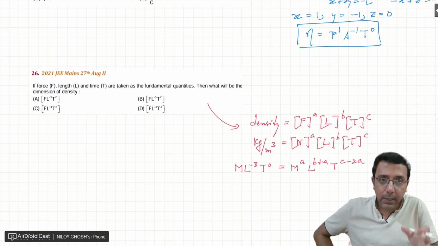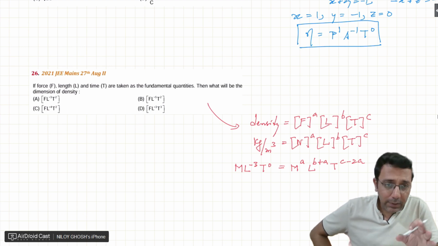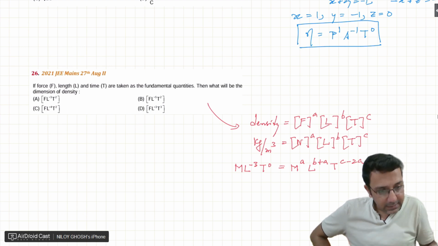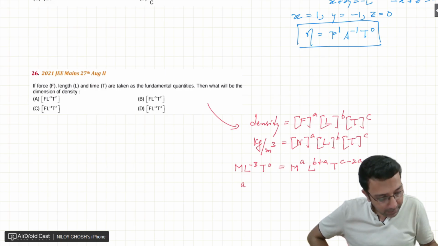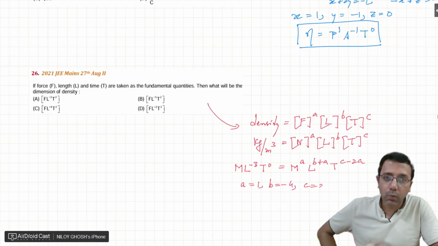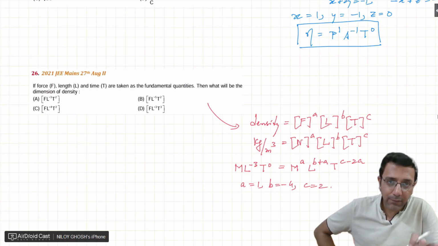Compare the orders on the LHS and RHS, and you'll find that A becomes equal to 1, B becomes equal to minus 4, and C becomes 2. Very similar to what we have already solved, that is why I have quickly solved it. Please try it out by yourself.